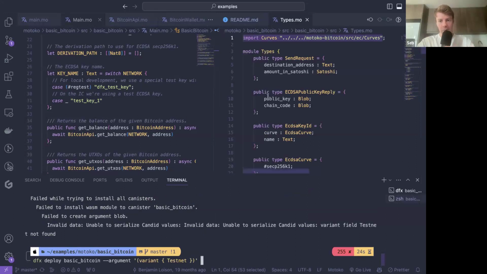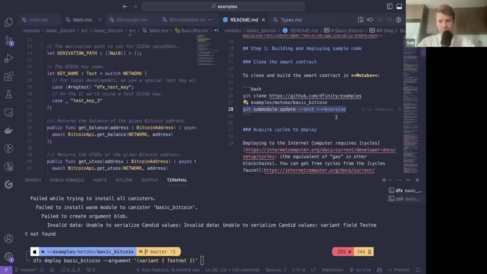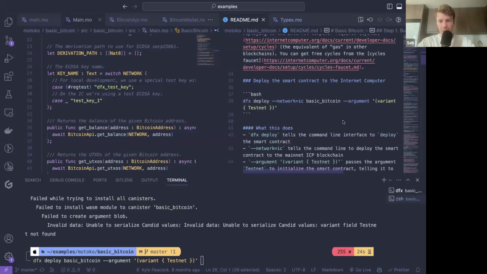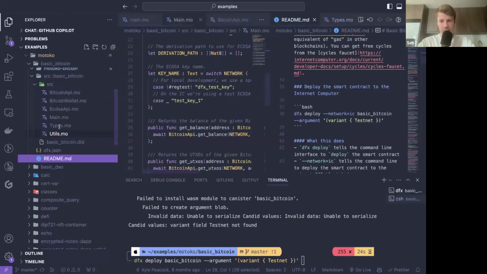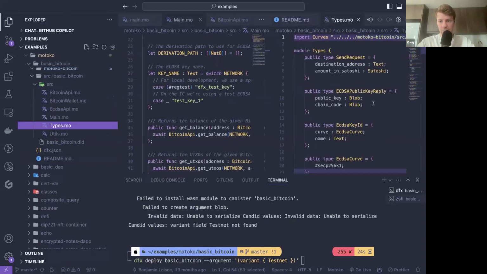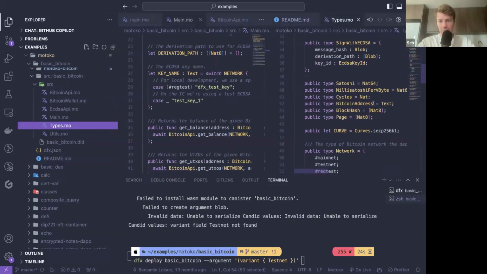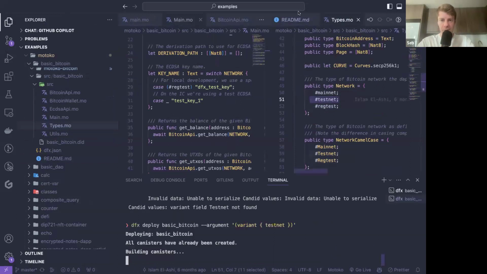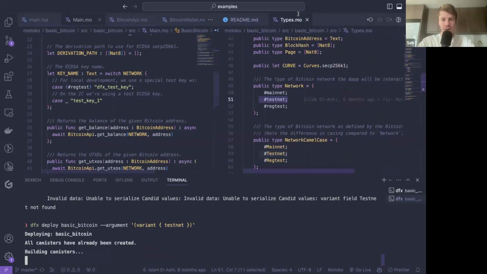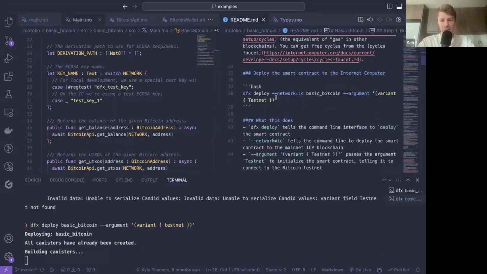Looks like there is an issue with the argument. So let's take a look at the types. Oh yeah, it's testnet. It should be like this. There is a typo here.